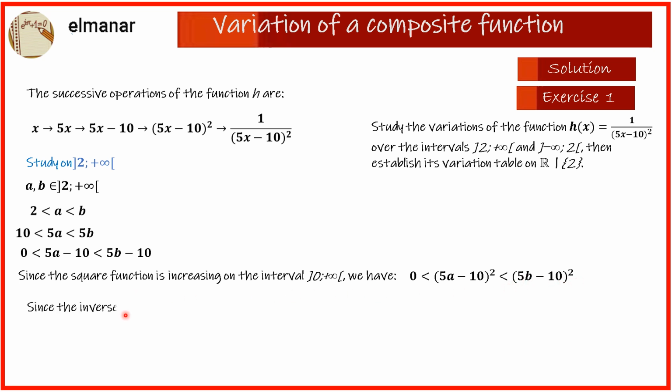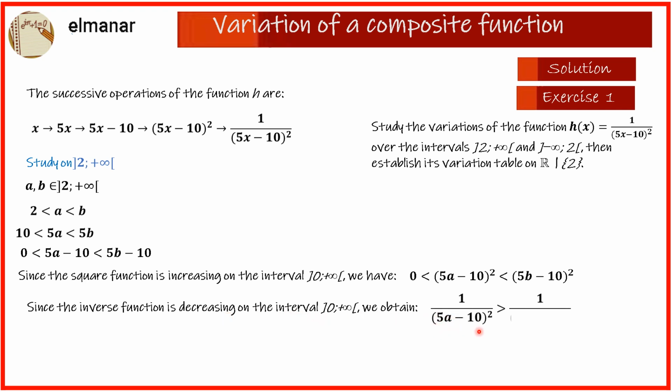However, taking the inverse of this quantity reverses the trend. We move from increasing progression to decreasing, meaning 1 divided by the square of the quantity 5 times a minus 10 is greater than 1 divided by the square of the quantity 5 times b minus 10.